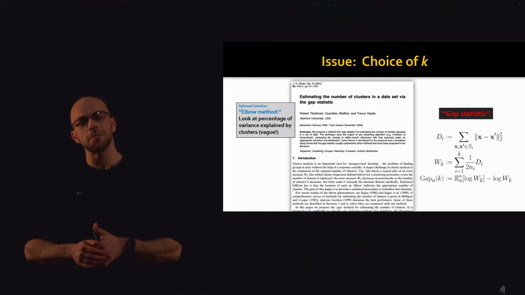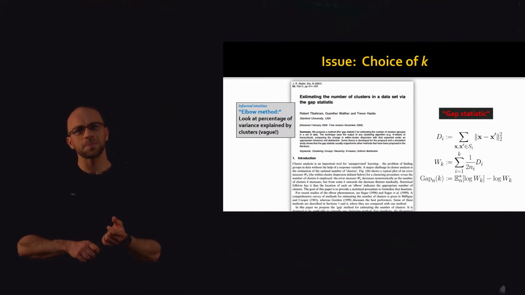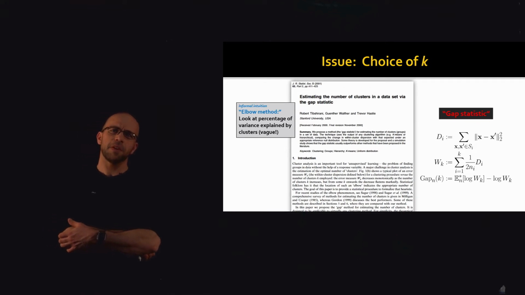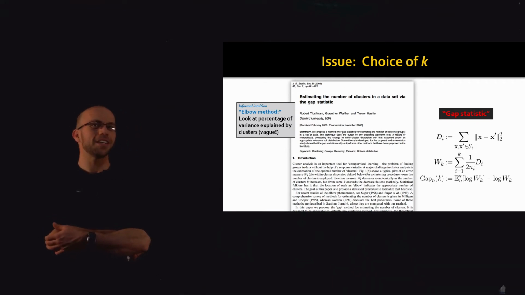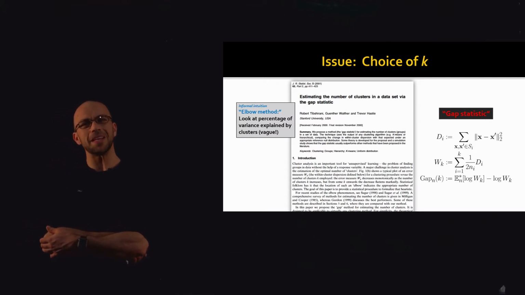But of course, if you want to be more scientific, there is a literature out there on how to do it. One of them tries to formalize a technique that is very popular among data scientists called the elbow method. The basic idea is that you look at the variance explained by the set of clusters you get out of k-means.